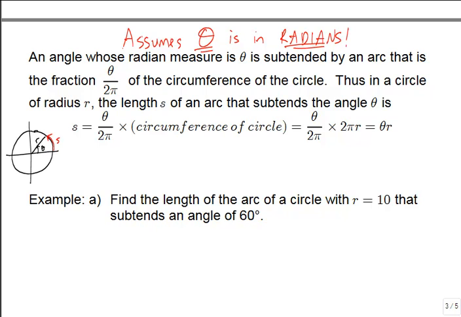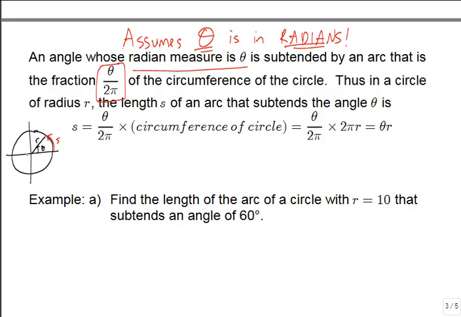So if you think about this, what fraction of one full revolution does this theta sweep out? Well, if theta is in radians, and we are always going to assume whenever we use this formula that the theta we're using is always in radians, then the fraction of the full revolution that theta sweeps out is theta out of 2 pi. So this is the fraction of one full revolution.